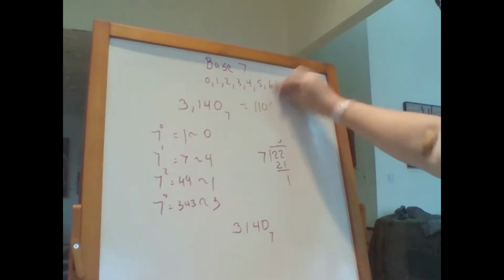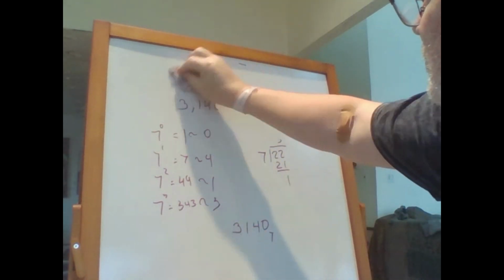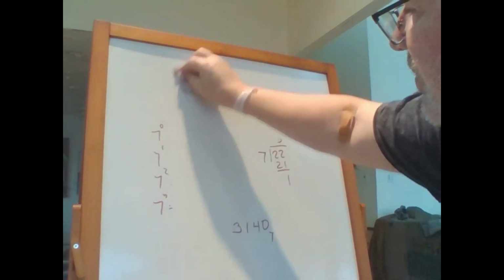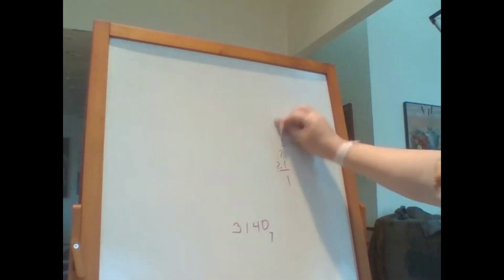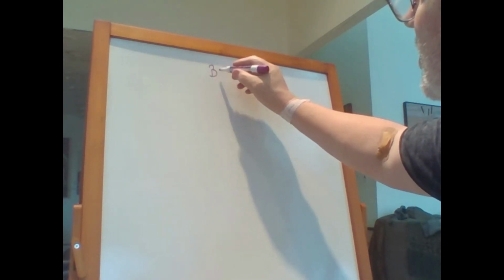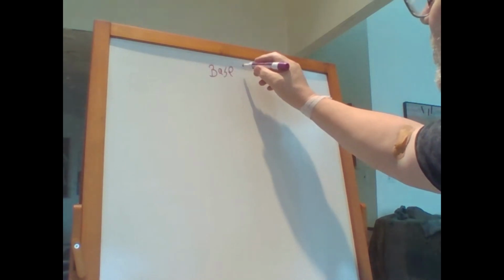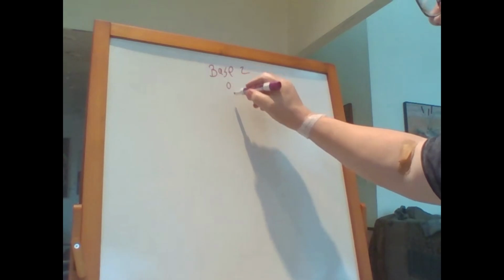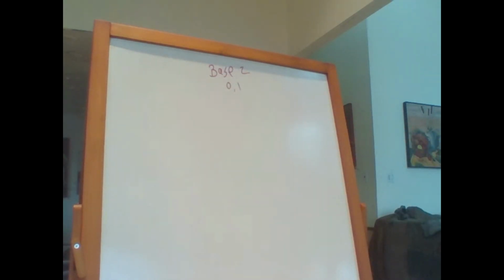Now, one of our favorite bases is base 2. That is used very frequently in things like programming algorithms and such. So let's say base 2. What options does that give us? Well, 0 and 1.